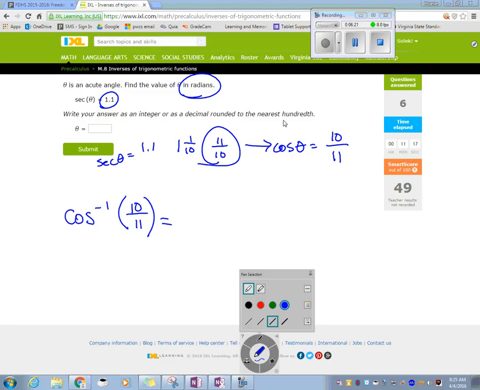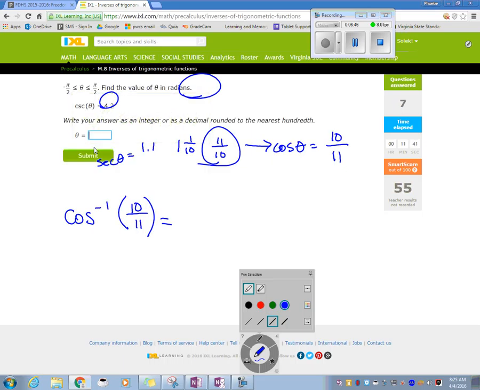But typically when you have this in your calculator, they've already put the 3.141592653 in there. And so the answer to this that we're going to type in is 0.43. And it's going to tell us that we're correct. That's a lot of work for a problem. Okay?